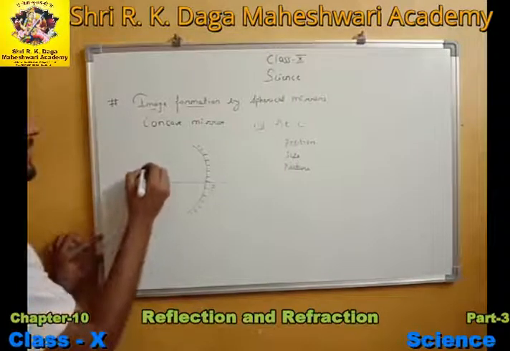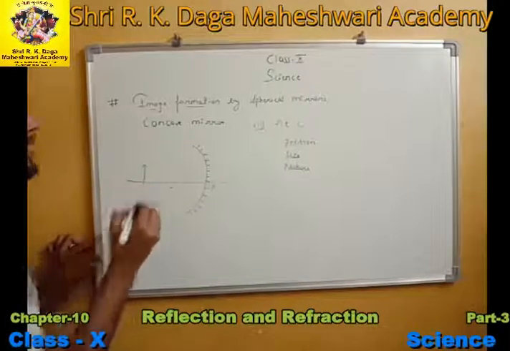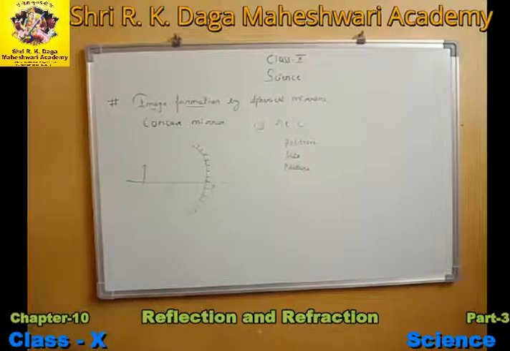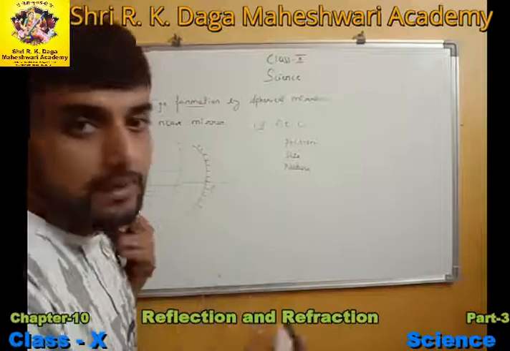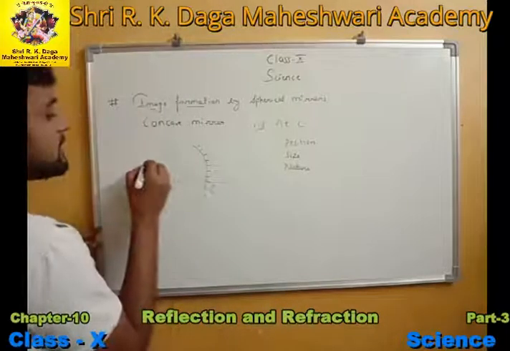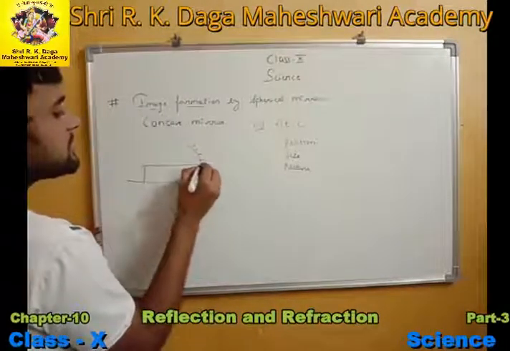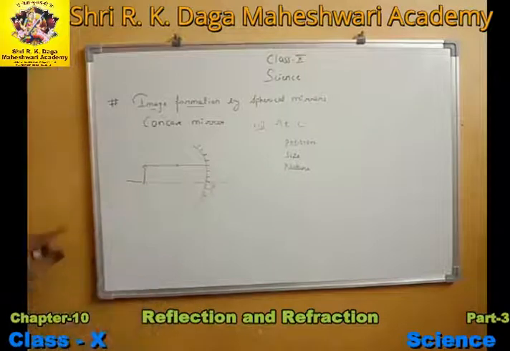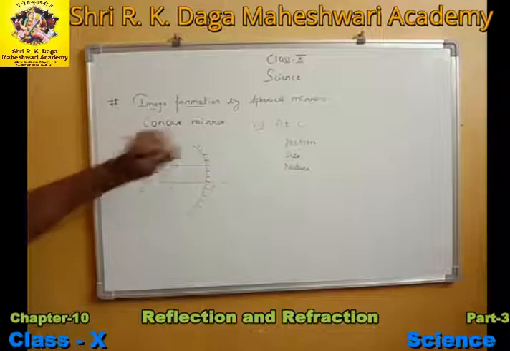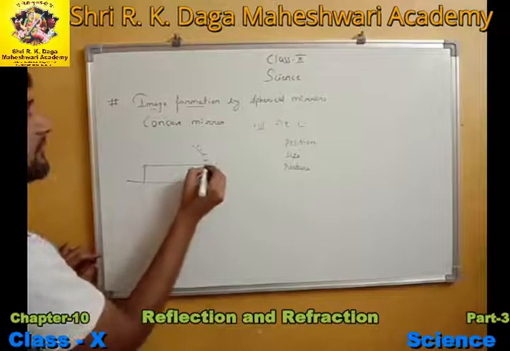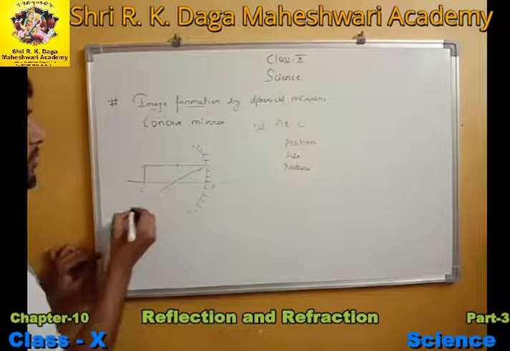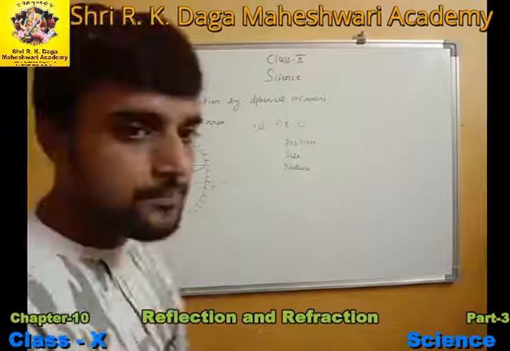Now our object is at C, right? Our object is placed at C, means at this position. What will happen? The same thing that happened before. A light ray will be incident parallel to the principal axis, and we know that whenever a light ray is incident parallel to the principal axis, after reflection it will always pass through the focus, right?